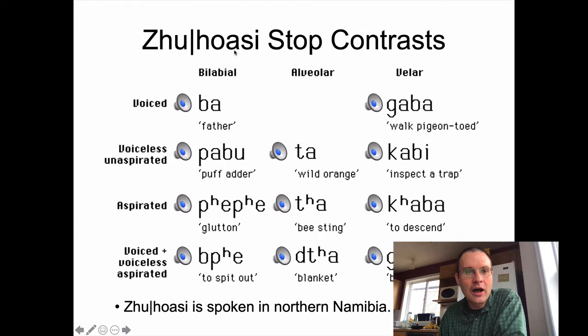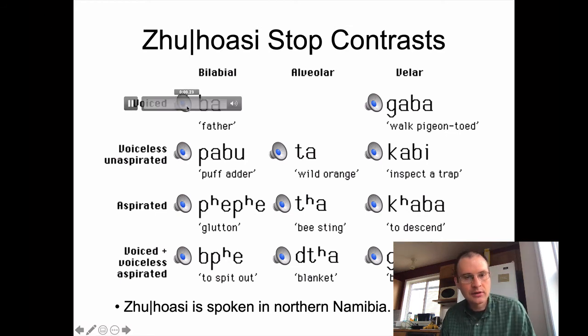Here's some examples from Demasi, which also has a sort of contrast. So this is a series of voiced stops at the beginning of a word, as well as voiceless unaspirated, and then kind of voiceless aspirated stops, and then a voiced stop with voiceless aspiration.